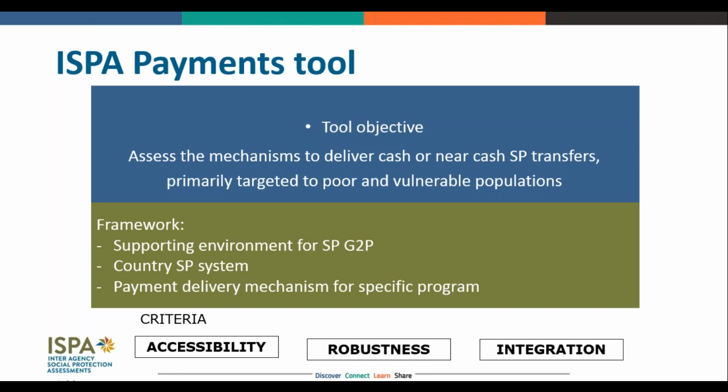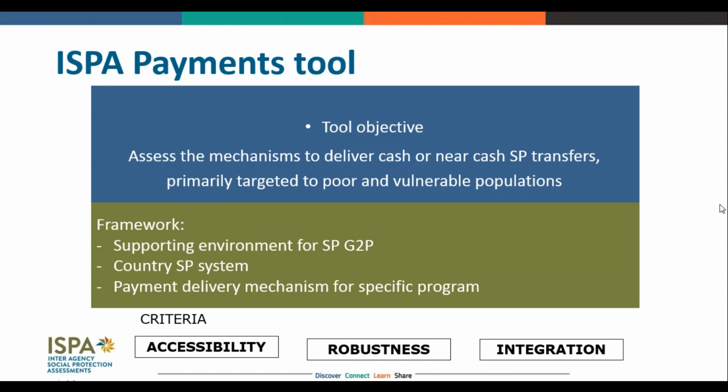If you're referring to the tool itself, you'll find those on page 148 for the supporting environment, page 152, which looks at the country social protection system, and page 141, which looks at the payment delivery mechanisms. The 3 criteria that you can see at the bottom of your page, accessibility, robustness, and integration, are the 3 criteria that we use for the assessment of a payment delivery mechanism for a specific social protection program.